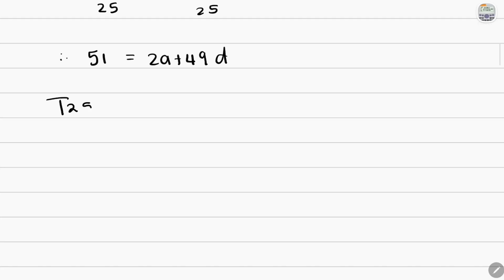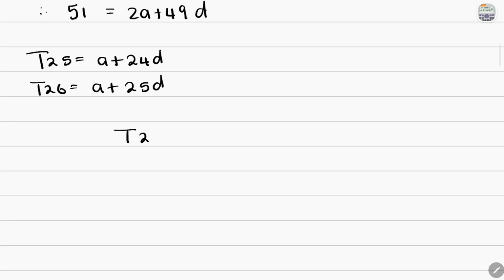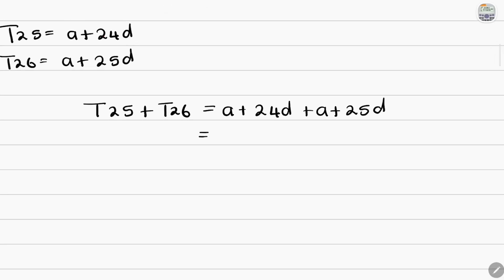Term 25 would be A plus 24D, and term 26 would be A plus 25D, meaning term 25 plus term 26 is equal to A plus 24D plus A plus 25D.